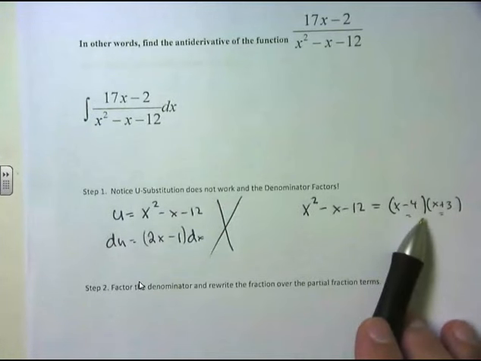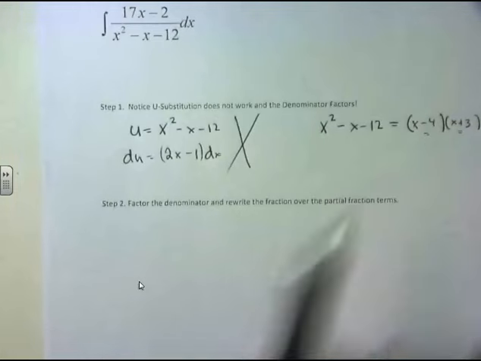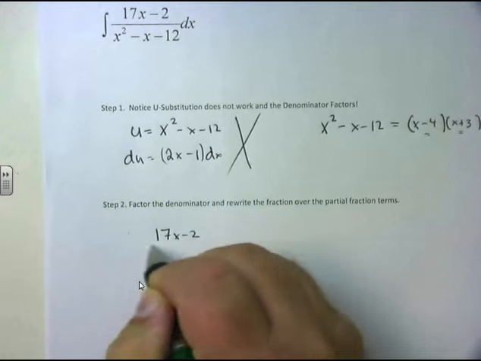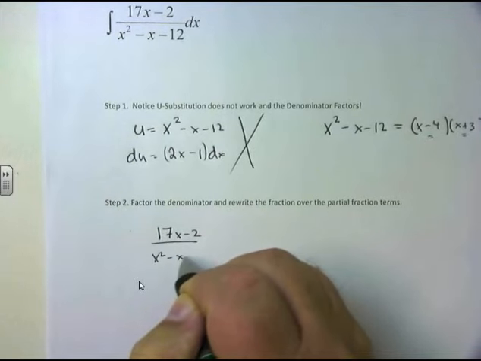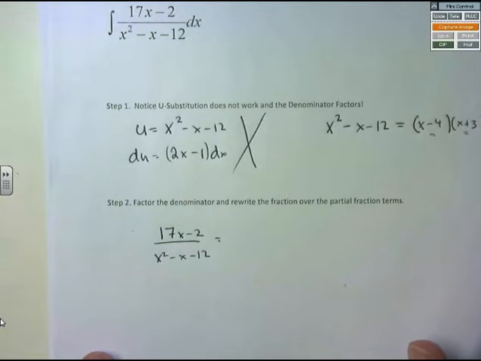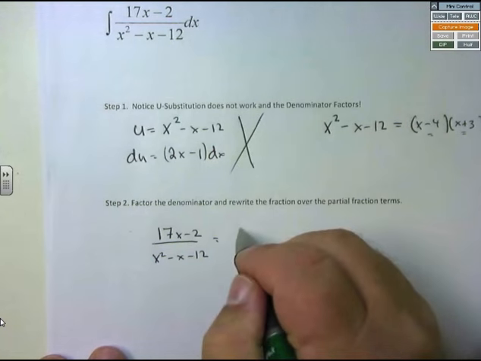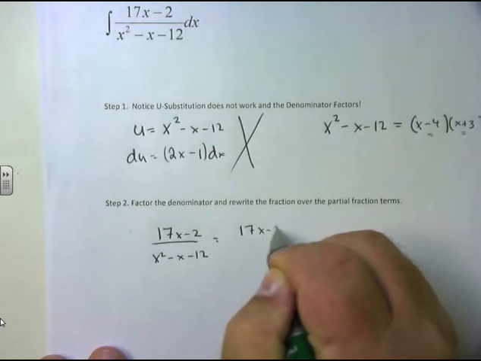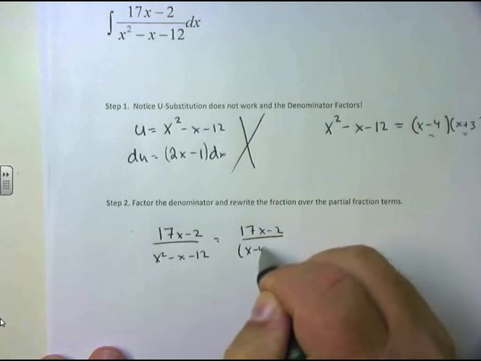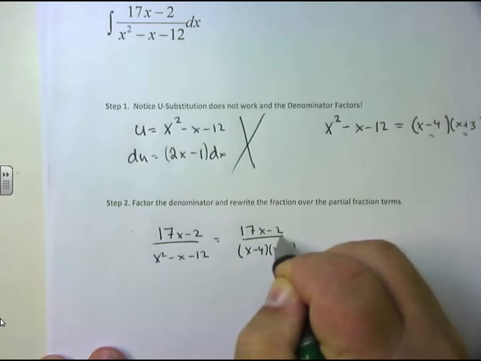Now, the technique that we're going to be using is, like I said, the partial fractions technique. So what's going on here is this. Just look at the fraction part, 17x minus 2 over x squared minus x minus 12. We're going to take this fraction and break it up into its partial fractions. In other words, this is the same thing as 17x minus 2 over x minus 4 times x plus 3.